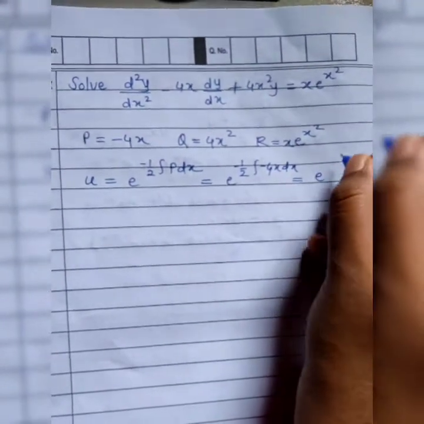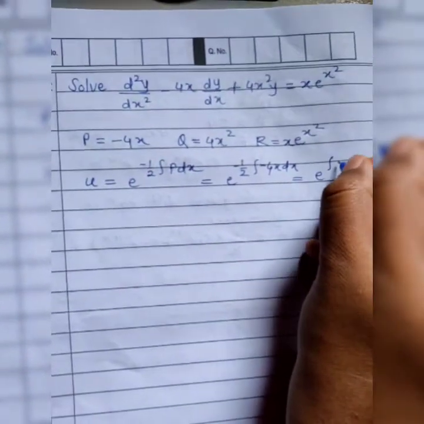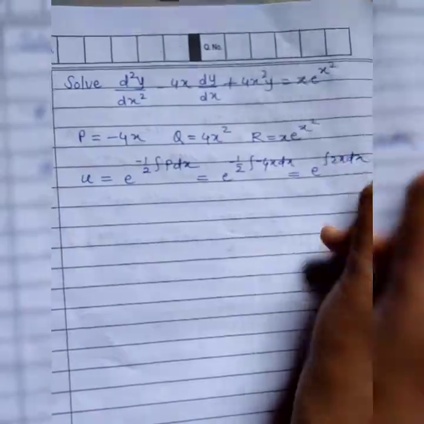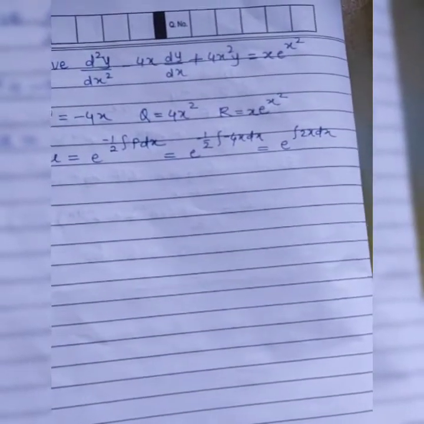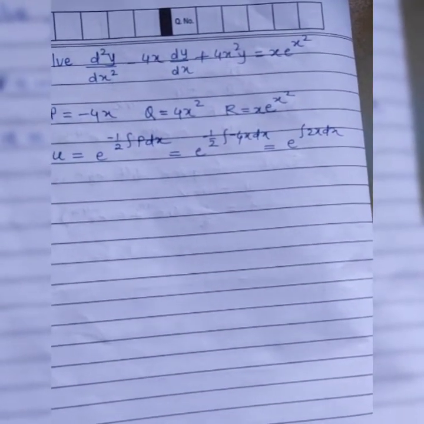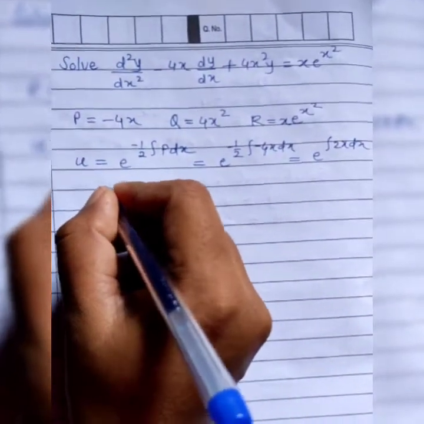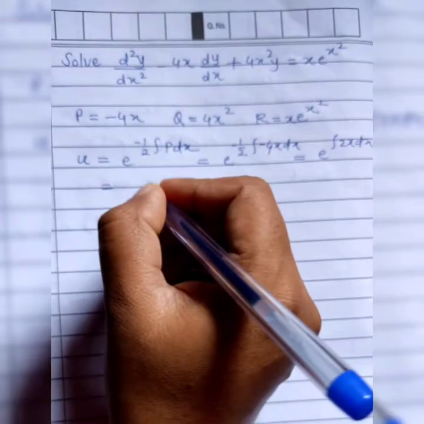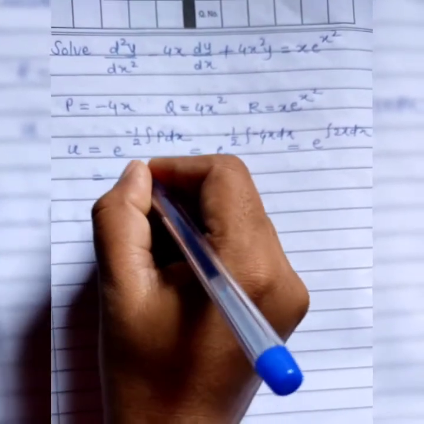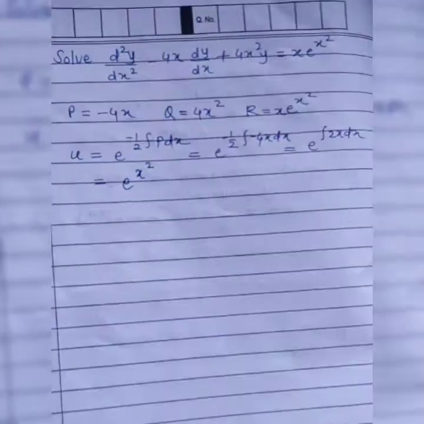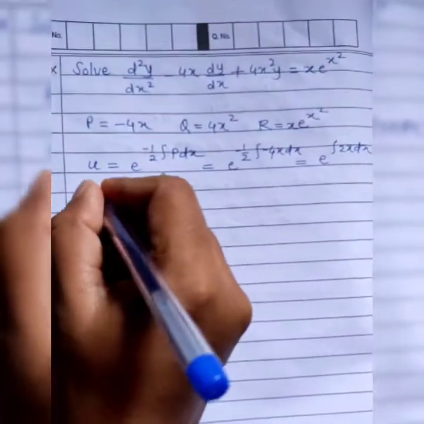So we get e raised to integration 2x dx. So we know the integration of x is x square by 2. Therefore, u is equal to e raised to x square. We get u.